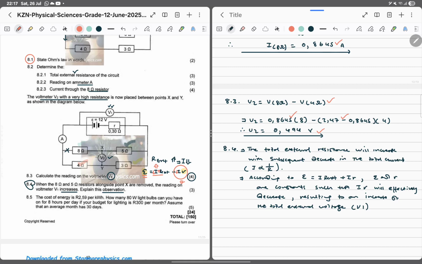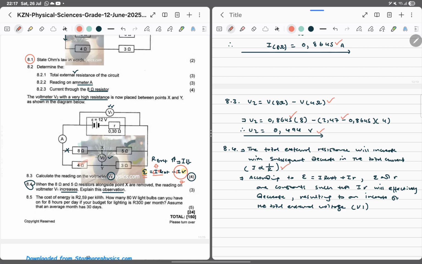Which is V1, okay? I mean, there's many ways to put this, guys, but try your best. Sometimes it's not gonna be perfect, but if it is sending the message, why not? Just do it. You can never be too perfect for physics. Everyone is just a lawbreaker who keeps on trying. So we're saying that total external resistance will increase, right? With a subsequent decrease in the total current because of this business right there.